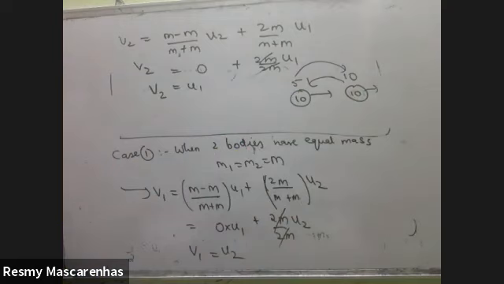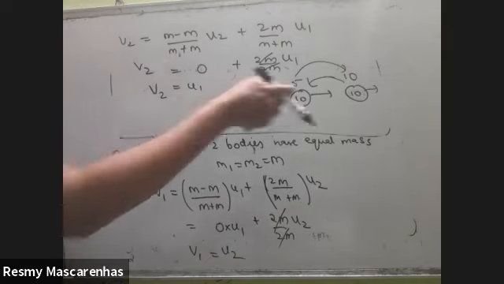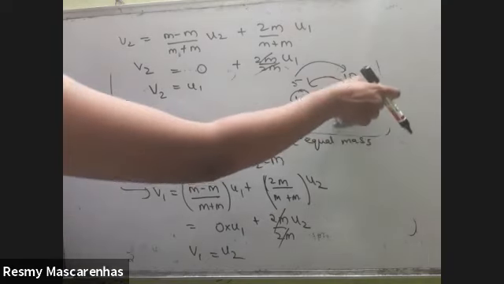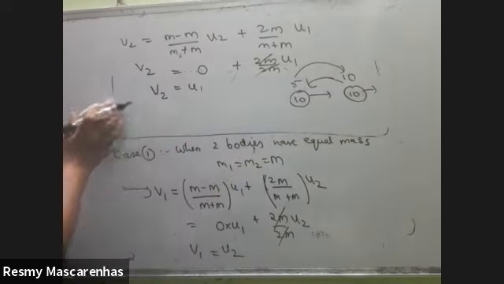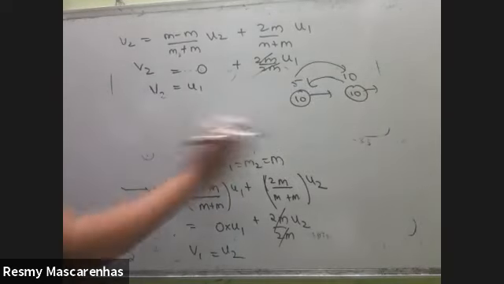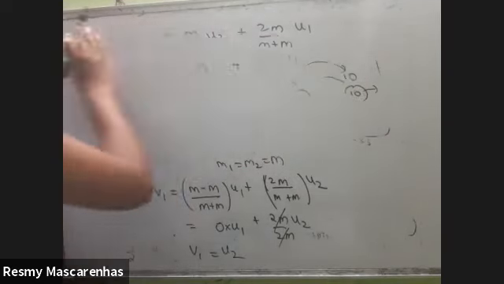They will get exchanged. Whatever was the initial velocity of this one will become the final velocity of the other one. Your U2 will become V1. So this one's initial will become this one's final, and this one's final will become this one's initial. This is case 1.